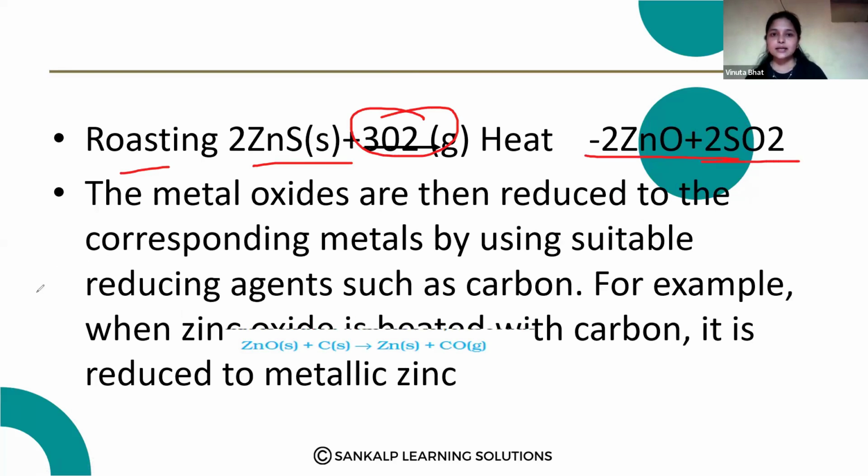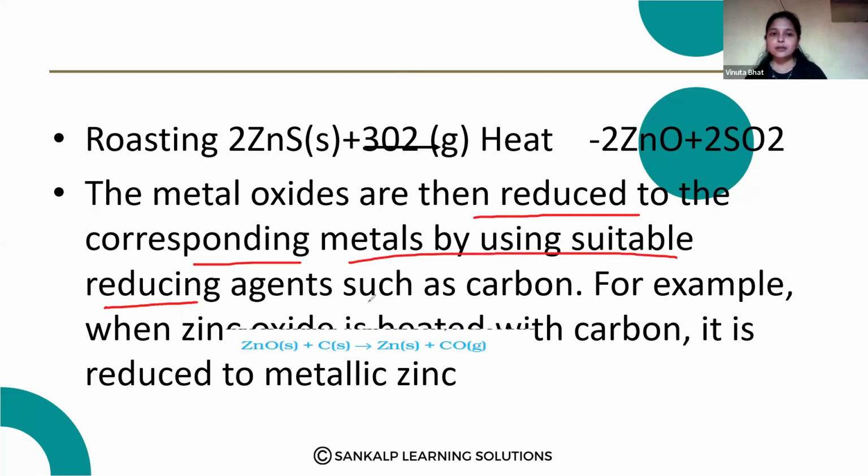The metal oxides are then reduced to the corresponding metals by using a suitable reducing agent such as carbon. For example, zinc oxide, when treated with the reducing agent carbon, forms zinc and carbon monoxide. That is the answer.